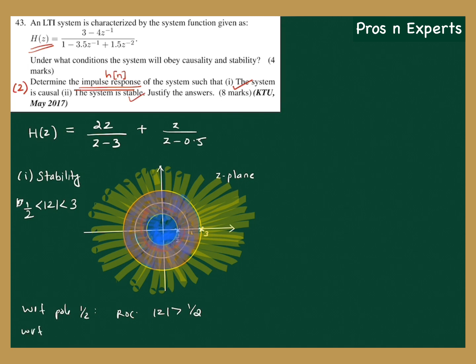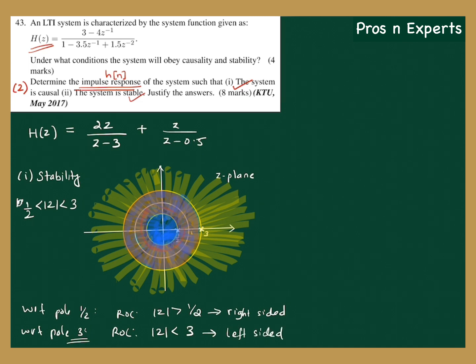With respect to pole 3, the ROC was mod z less than 3. So clearly, with respect to pole half, we have a right-sided signal in the time domain while we do the inverse transform, and with respect to pole 3, the ROC indicates that it is a left-sided signal.